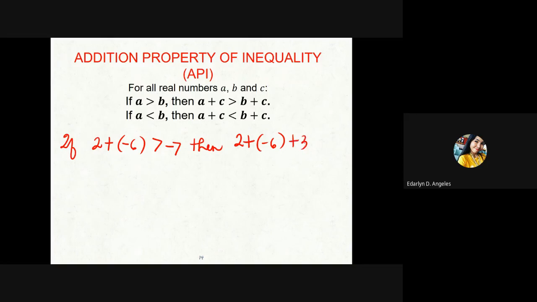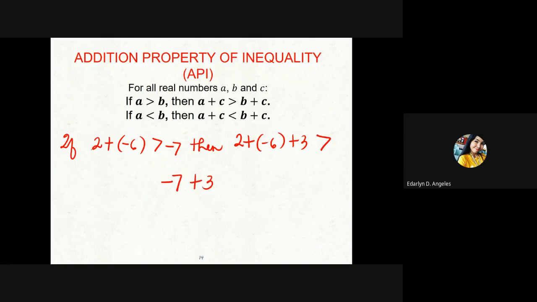If we add the 3 to both sides of the inequality, then 2 plus the quantity -6 plus 3 is still greater than -7 plus 3. Let's try to simplify, okay?